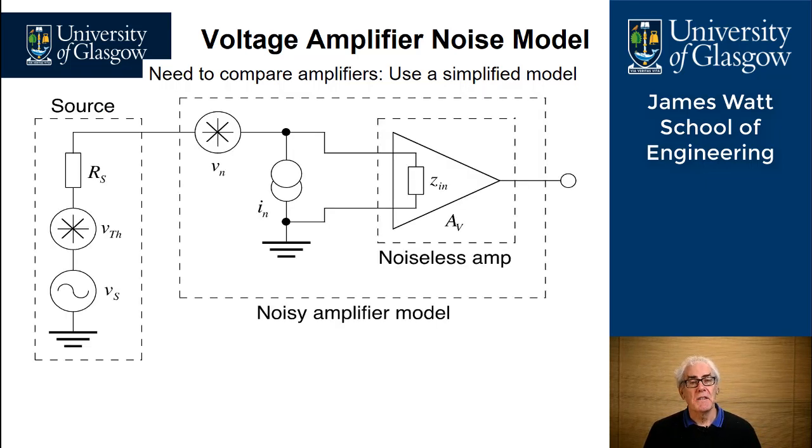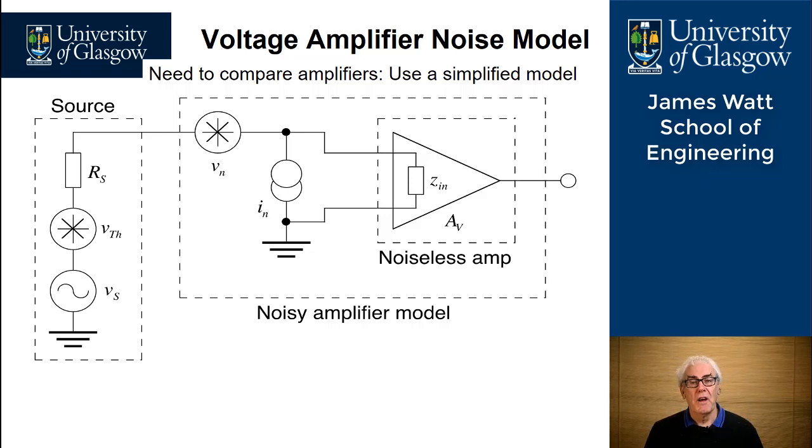So on the left-hand side, we have the source, and associated with that source is a source resistance or a source impedance. It has a signal voltage, Vs, and associated with the source is a noise voltage, and we've called this VTH or Vthevenin.